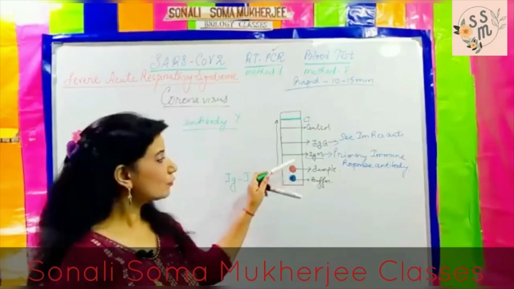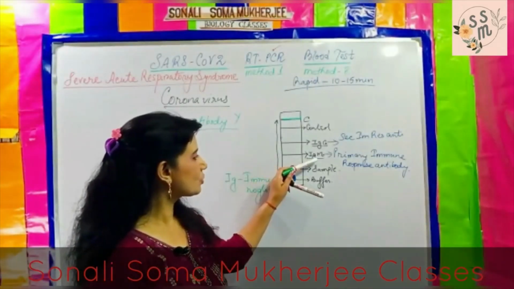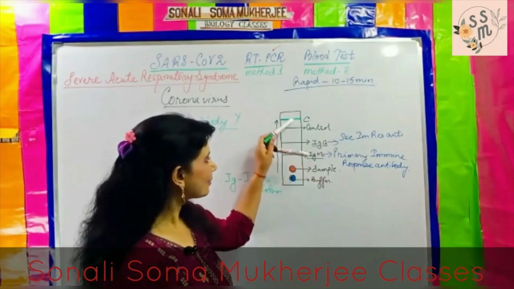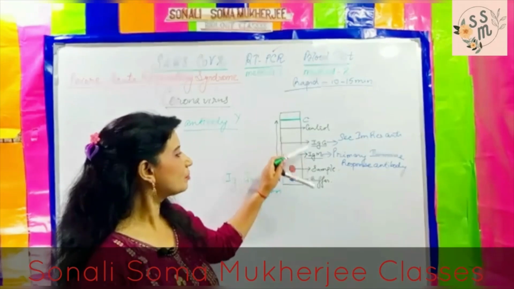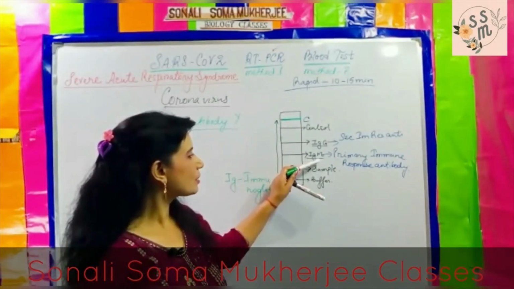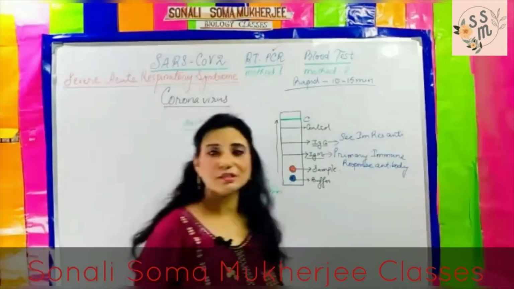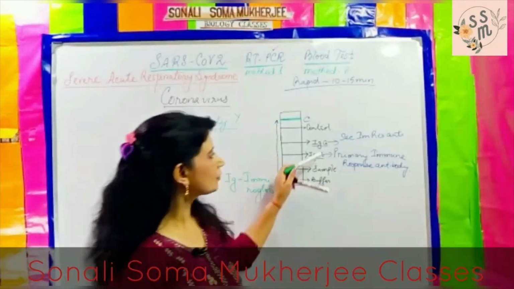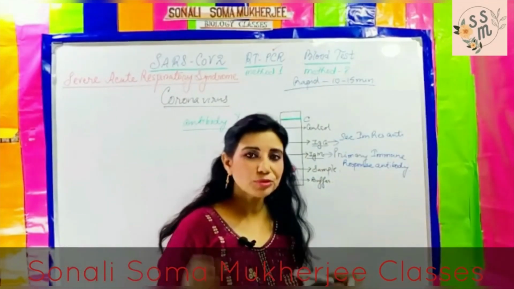But if you are running the test and you find a line in IgM, IgG and in the control section, which shows that the kit is proper, that does mean this virus has attacked you earlier, because it is the secondary immune response antibody. So you are kind of immune also.